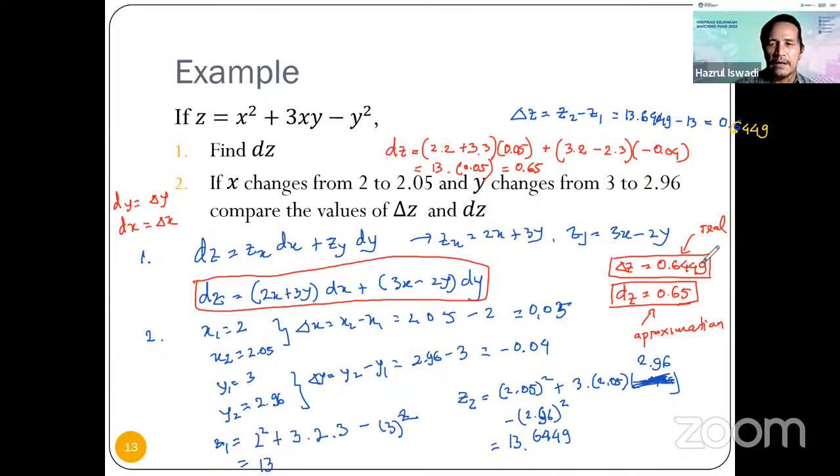We know that the value of dz is not the same as delta z, but dz is easier to calculate. Okay, so this is the application of the total differential.